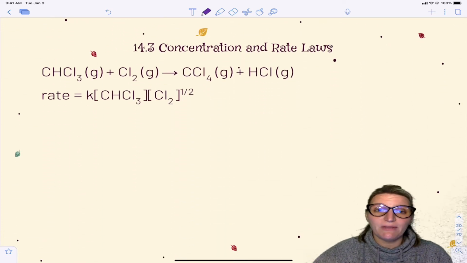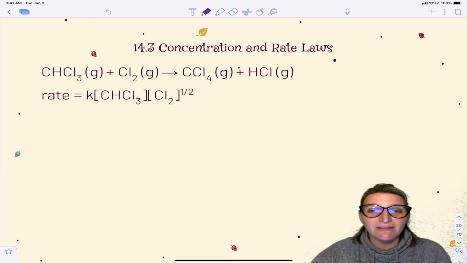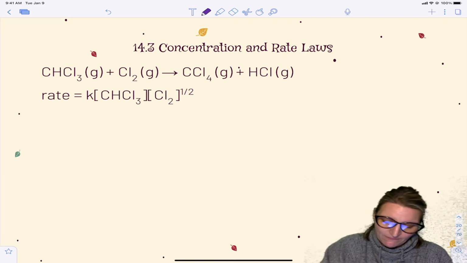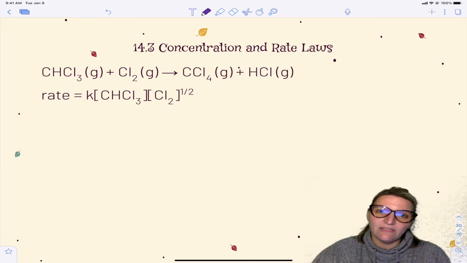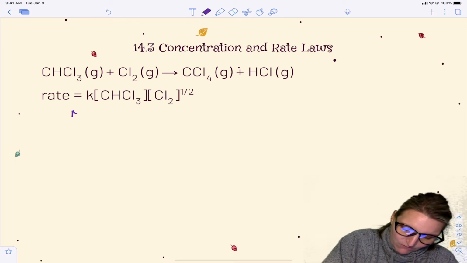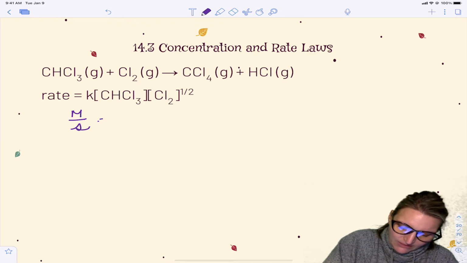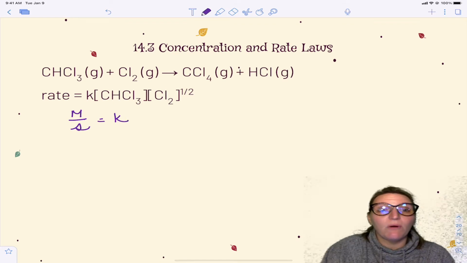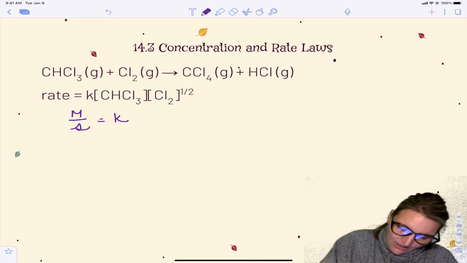We're going to do the same thing again, but with a more complicated rate law: rate equals k times the concentration of CHCl3 times the concentration of Cl2 raised to the 1/2 power. The unit of rate is always molarity per second, and I want to solve for the unit of k. The concentration of CHCl3 would be molarity.